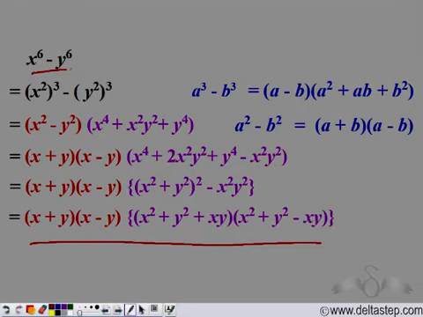Now one question might have come to your mind. We had an a square plus ab plus b square term here. So let us write it down. We had an a square plus ab plus b square term here. We made it 2ab by adding and subtracting an ab.